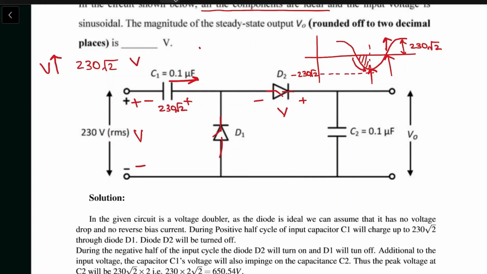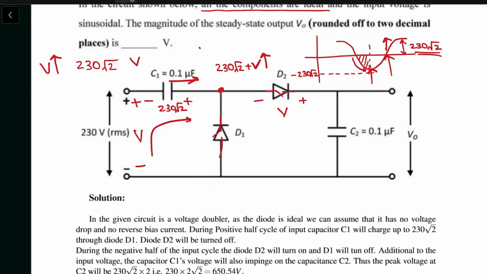You can see that this and this will add up over here. The voltage at this point with respect to this point will be 230 root 2 plus V, right? And V is now rising. V is rising to 230 root 2.